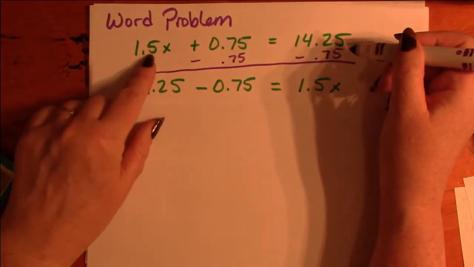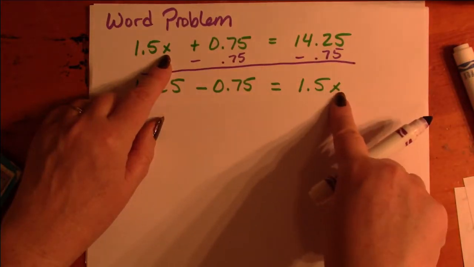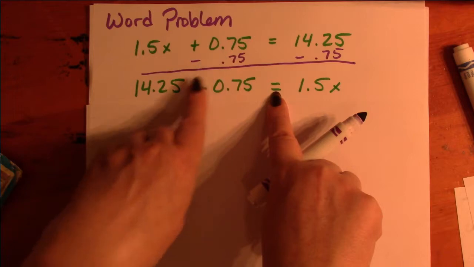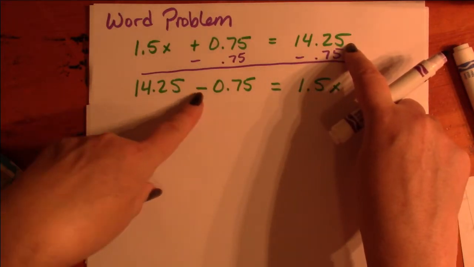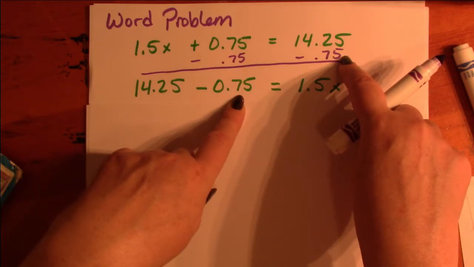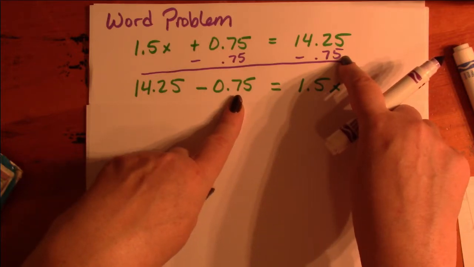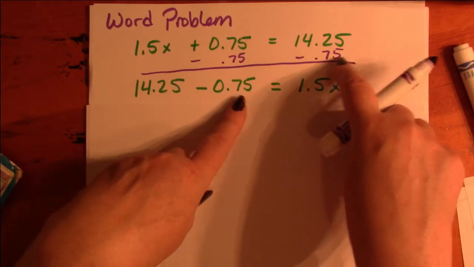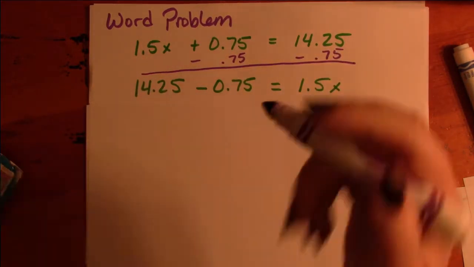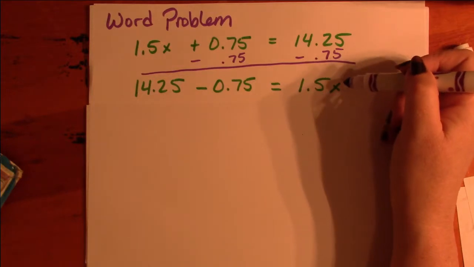And they end up with 1.5x equals, because this goes away, 14.25 minus 0.75. Get it? It doesn't matter. Well, it does matter. You have to do it the right way. But you can start your problem the way it logically makes sense to you. You just need to know how to get out of it.